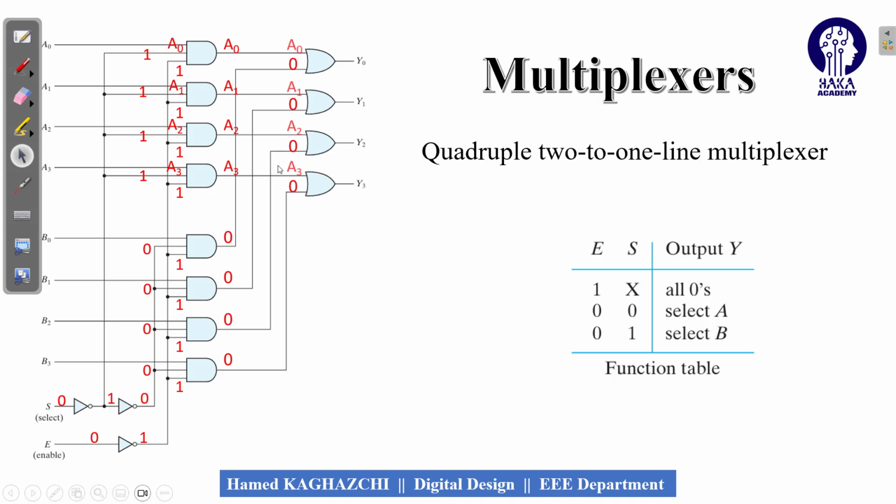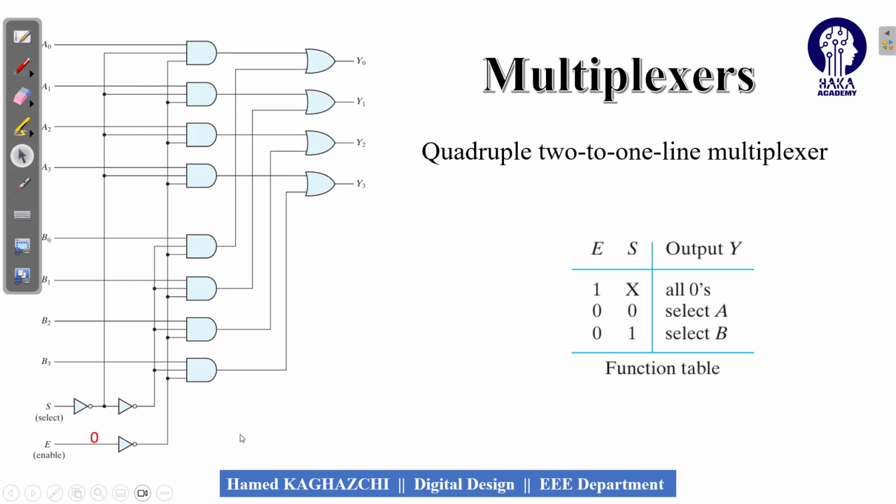And all of this information will be transferred to the input of the OR gate. And here the output will be equal to A0, A1, A2, A3, which means that when enable is 0 and S is 0, we can select all of the A's.